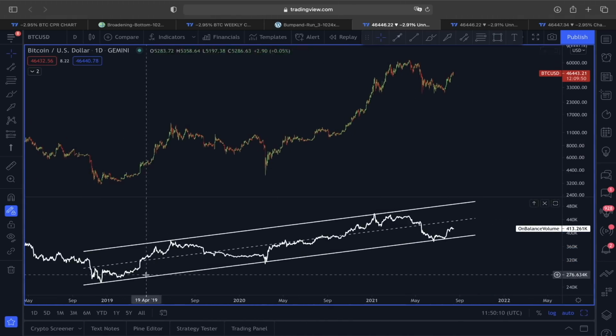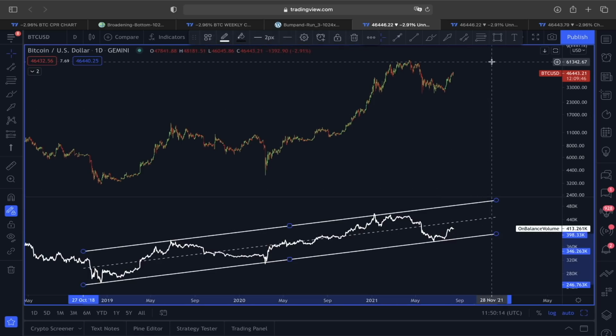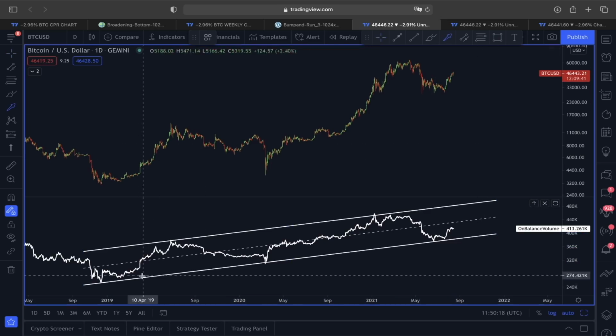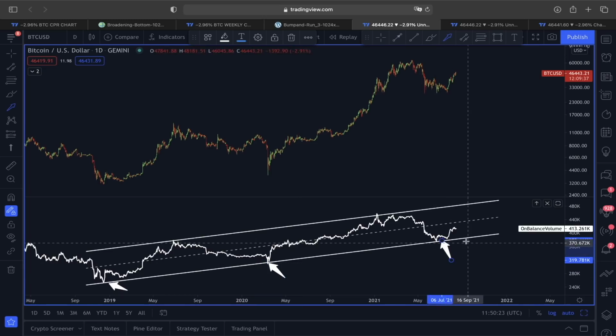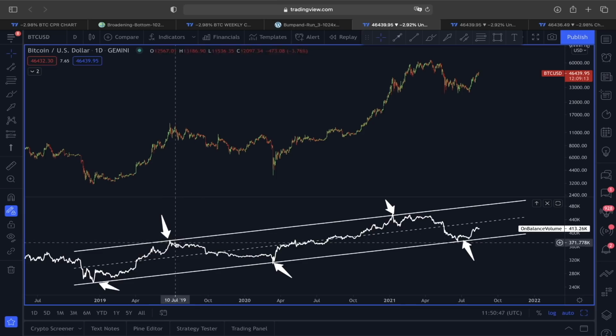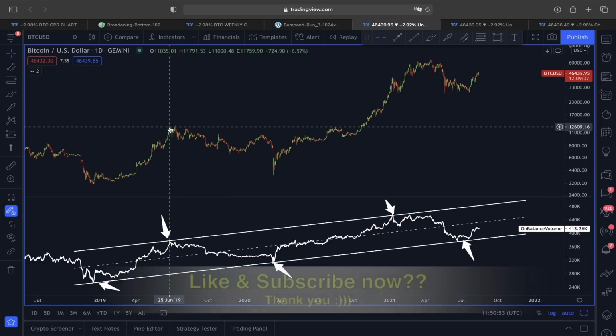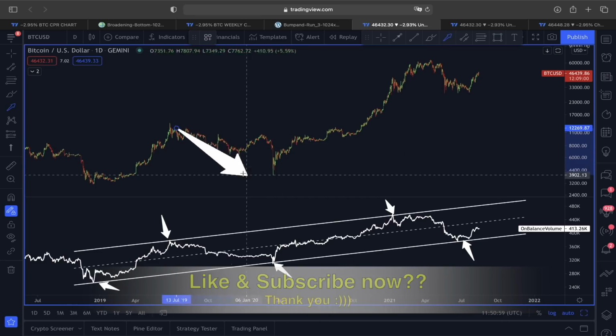As long as the on balance volume is following this ascending channel, the price of Bitcoin could still continue its move to the upside, because you can see support, support, support, right? Resistance, resistance. When the on balance volume was at the top of this ascending channel, it got a rejection, and this rejection was also reflected in price action. After that, you can see the price of Bitcoin starting this downtrend.